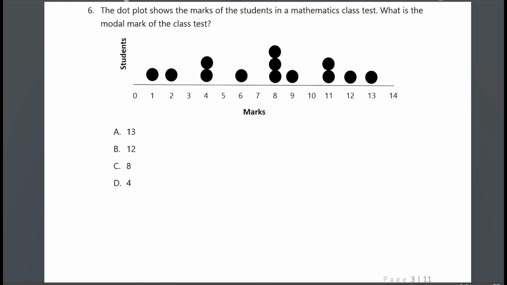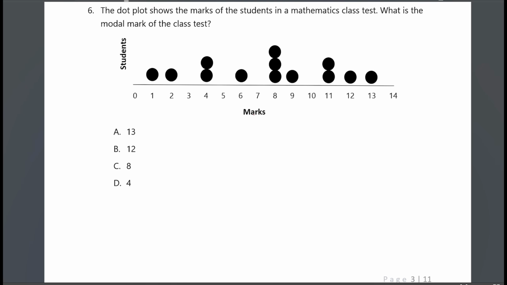So we are told that the dot plot here shows the marks of students in the mathematics class test. So the scores of students in the mathematics class test. So these are the ranges of scores. So we have 0, 1, 2, 3, 4, 5, 6, up to 14.